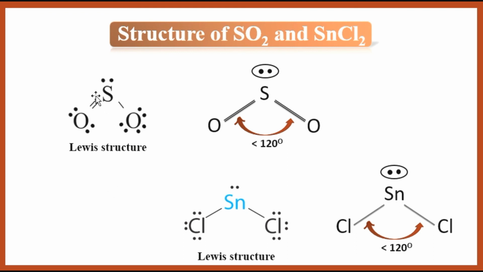So in this way, this lone pair of electrons would occupy more space and repel these 2 bond pairs as far apart as possible from itself, and hence the bond angle between OSO would be contracted and become lesser than 120 degrees, and the geometry of this molecule would be bent or just angular.